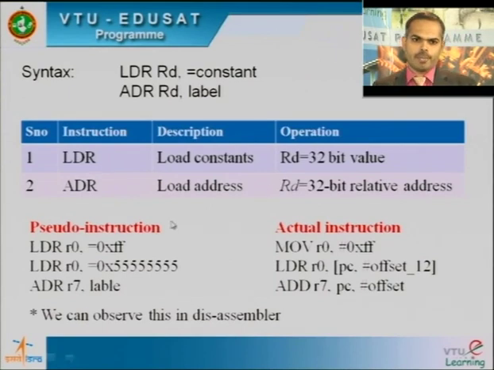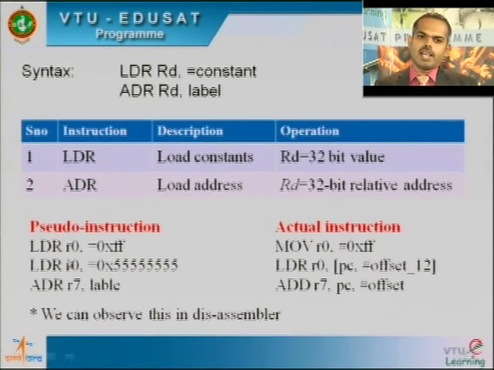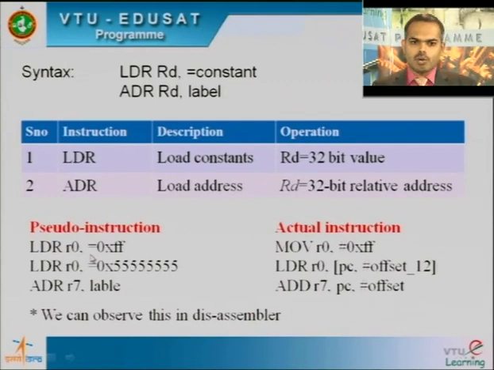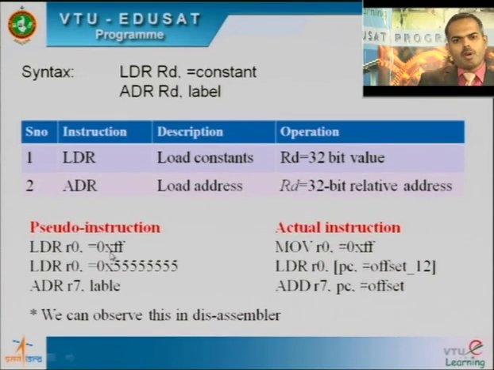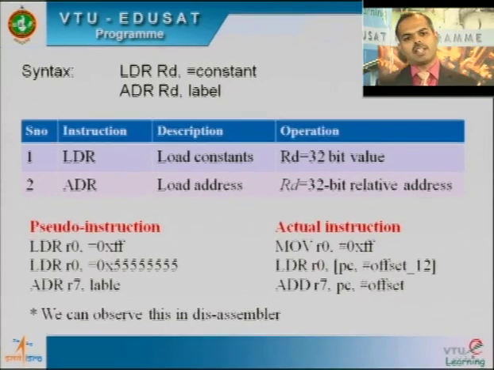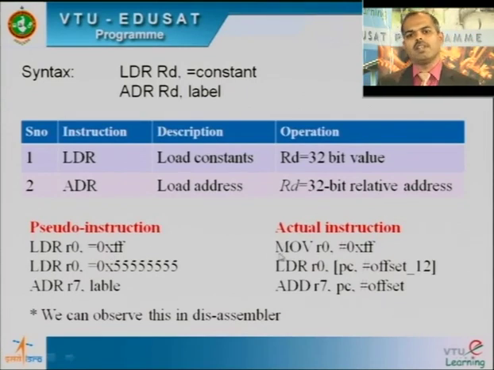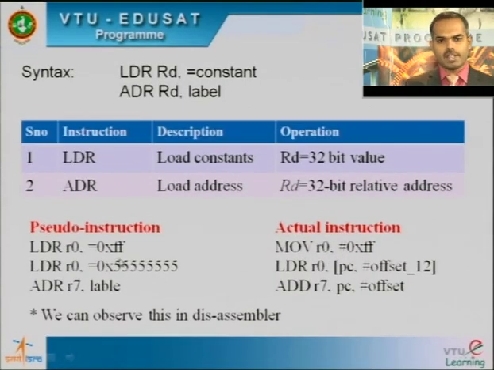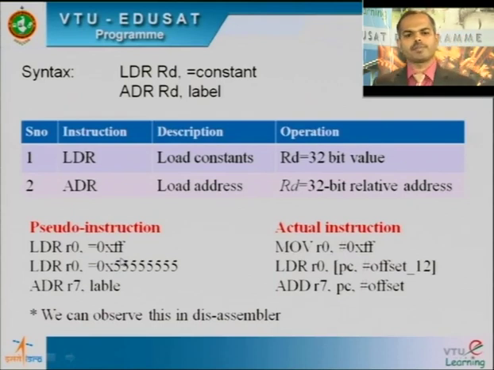See this. If I say LDR R0, =0xFF in my program, what happens internally is that it gets converted to the instruction MOV R0, #0xFF, because FF is an 8-bit value.